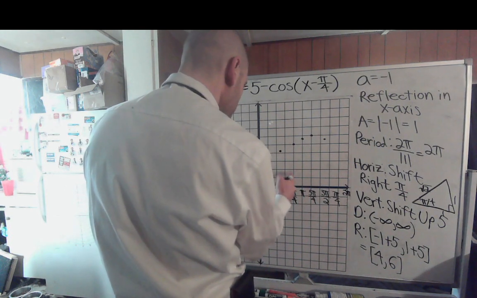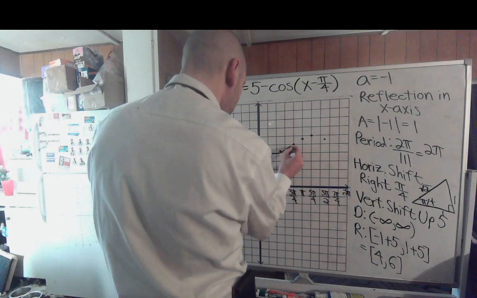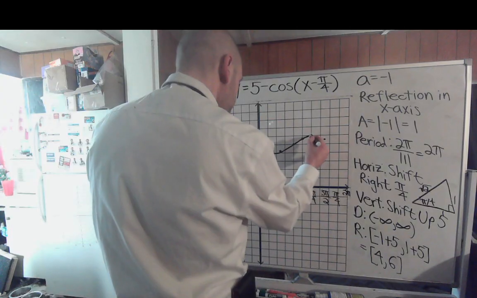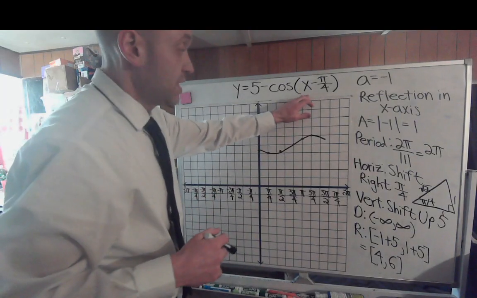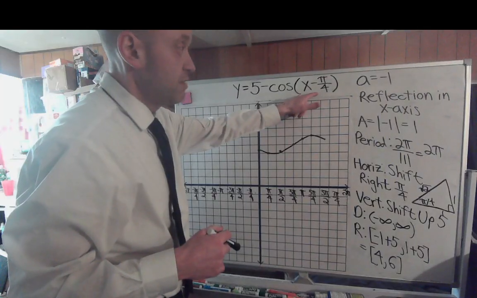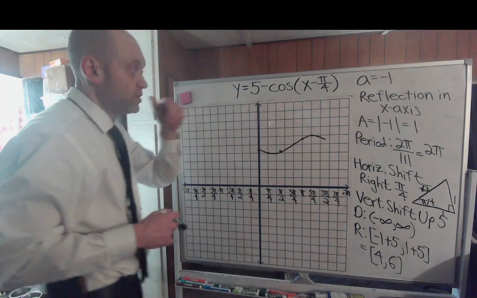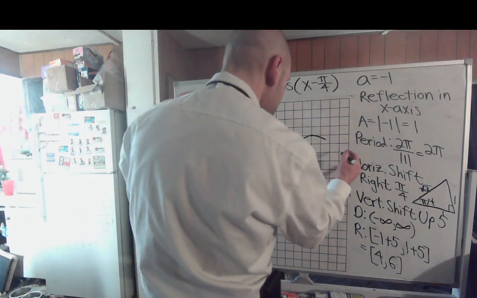There's pi over 2, 3 pi over 4. Alright, now, let's see, 7 pi over 4, so subtract pi over 4 from that, they give you 6 pi over 4, which is 3 pi over 2. Cosine of 3 pi over 2 is 0. That would actually drop you back down to 5.